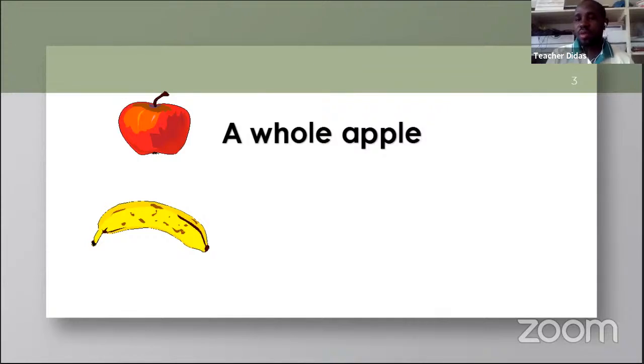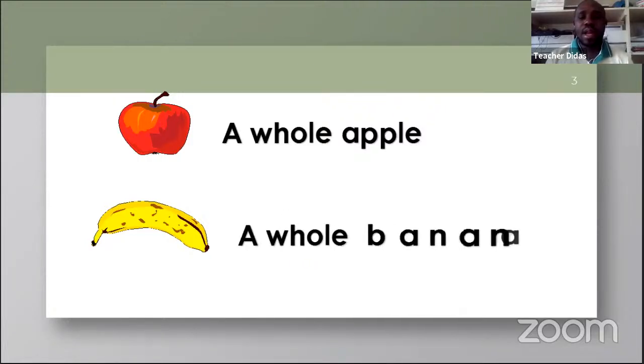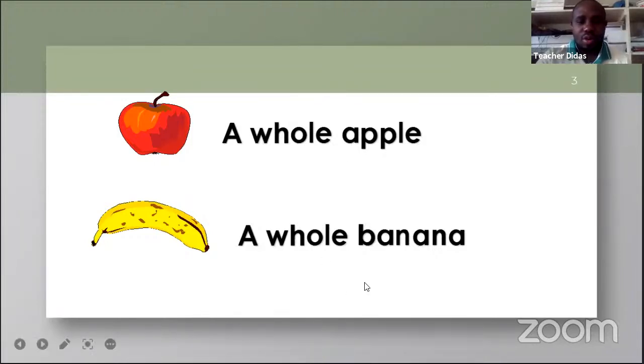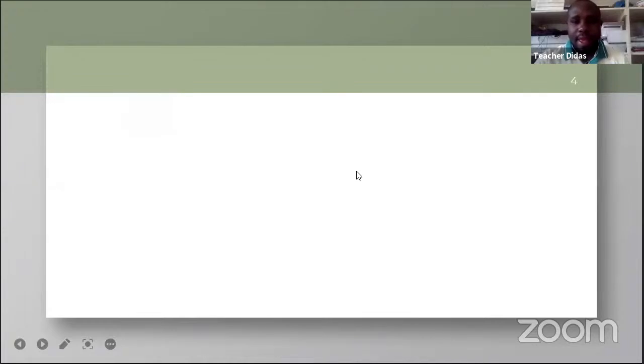We can still go on with this one. This one is a whole banana because our banana has not been cut. Our banana has not been divided. So we say this is a whole banana. Good. Let's go on.